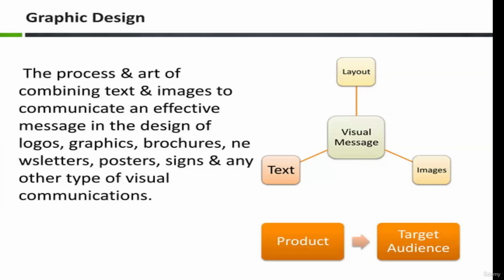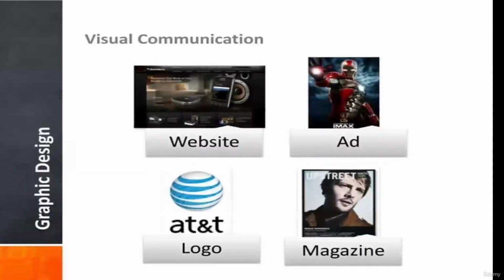We can see a visual image that has three parts: layout, text, images. The first thing is the product, and we should target the audience. What we design should attract the audience. That's graphic design, that which attracts the audience towards us. Let's move to the next slide.